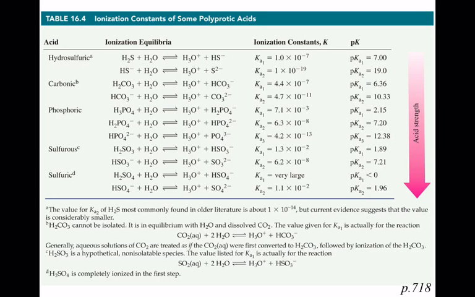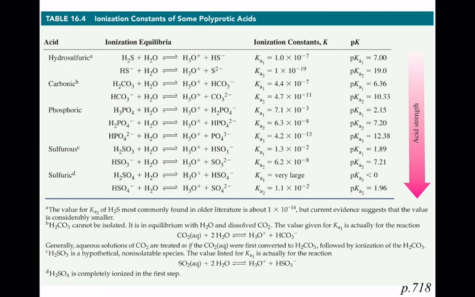So here is the table that we've looked at before. This is just polyprotic acids, like the title says. Down here, we have the one we're dealing with, sulfuric acid. Notice that they're showing a two-way arrow here, but they're saying that the Ka is very large, so I would show it as a one-way arrow.